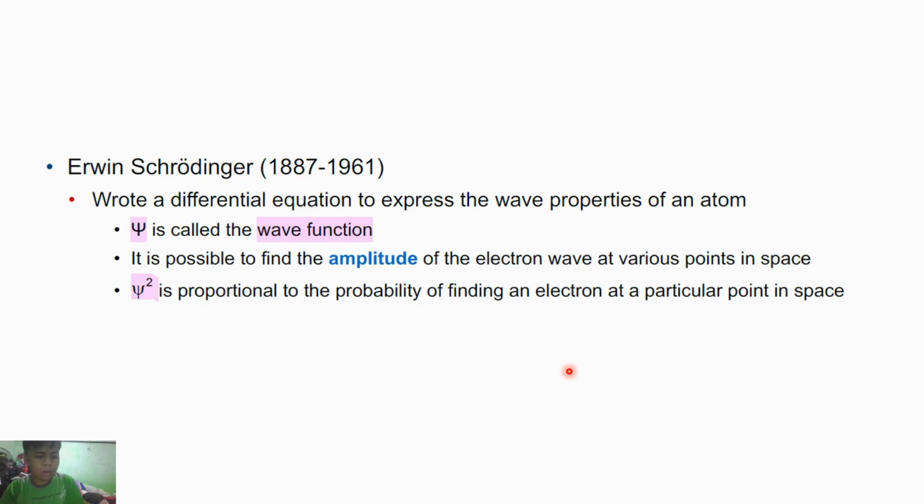In that sense, we cannot specifically pinpoint where this electron is moving around in the cloud. It cannot be predicted, but we can know at which specific region of space in that cloud the electron usually appears.